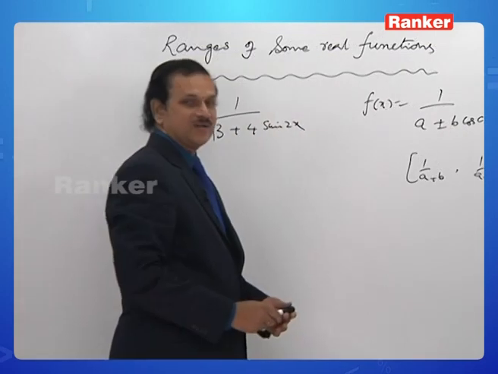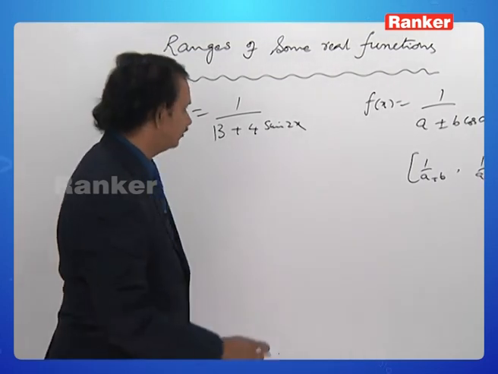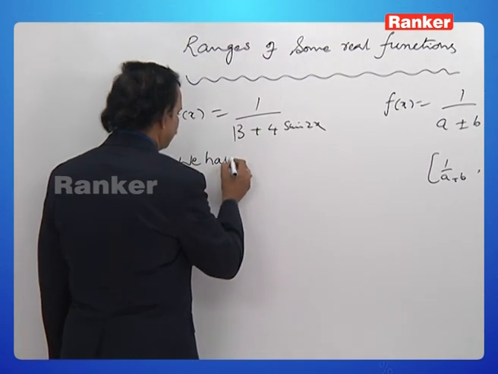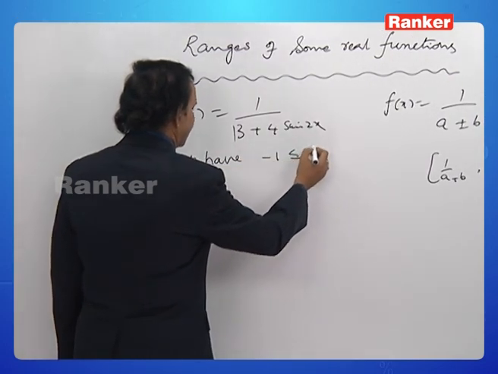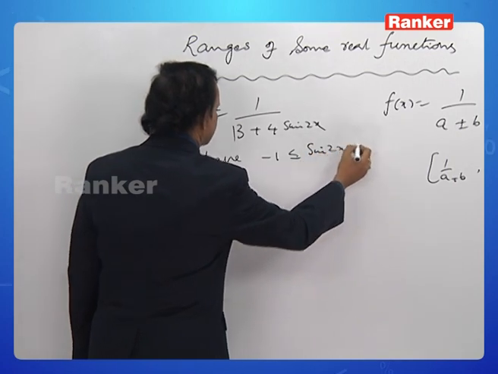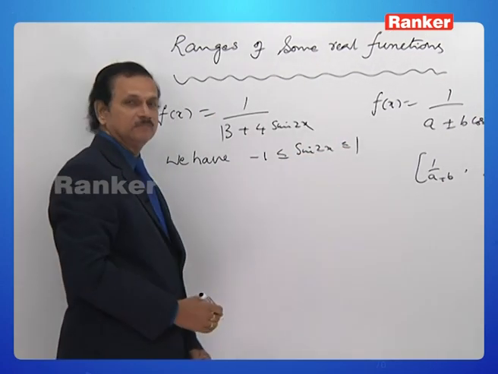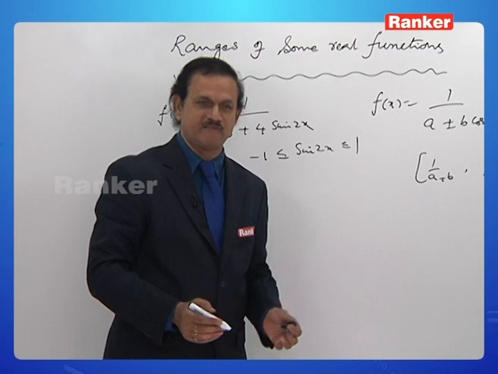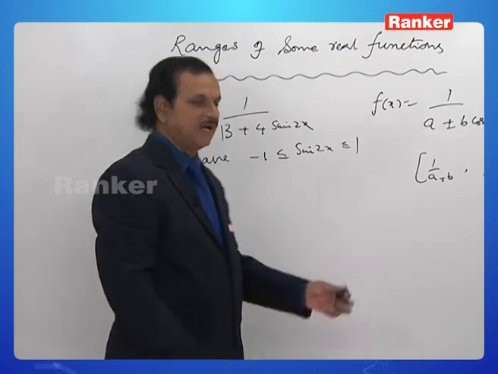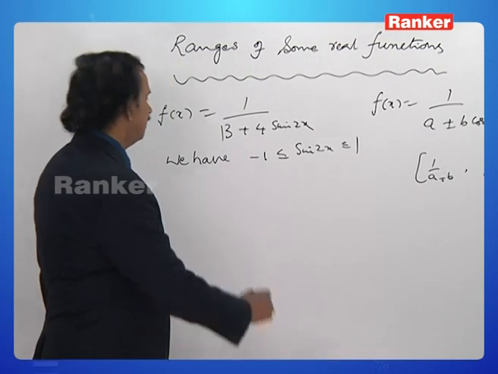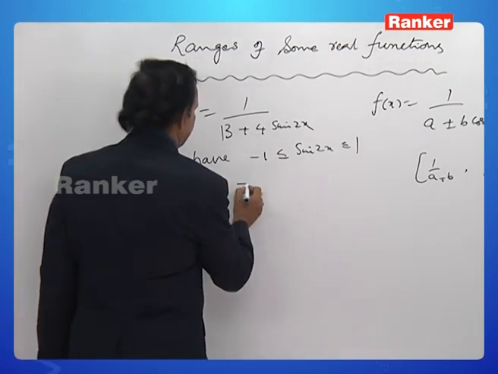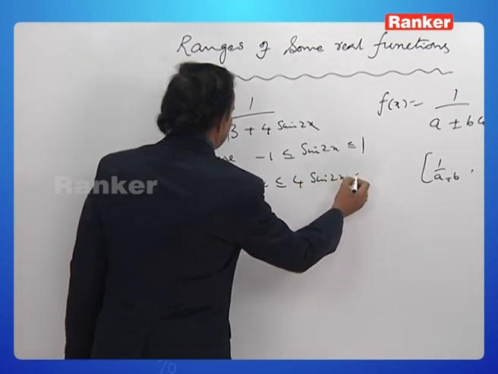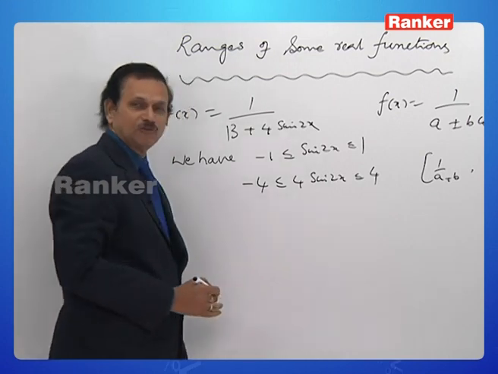Or otherwise, what is the actual pattern to have the answer? Look here. We have minus 1 less than or equal to sin 2x less than or equal to 1. Any problem? Because the range of sin 2x, sin x, sin ax, whatever it might be, is minus 1 to 1. Multiplying it with 4, minus 4 less than or equal to 4 sin 2x less than or equal to 4.